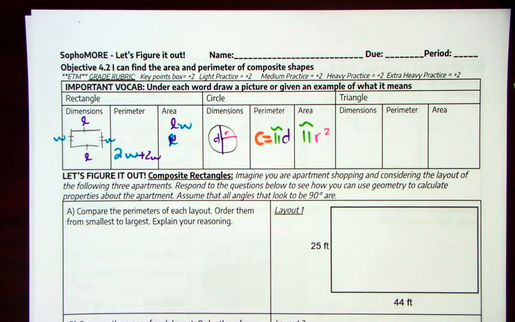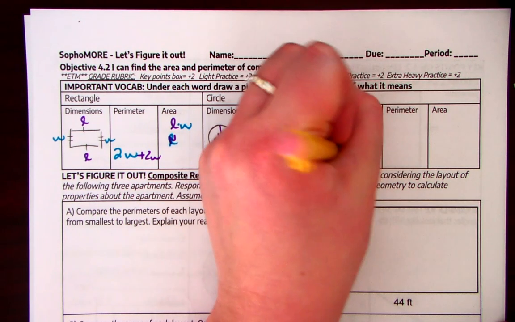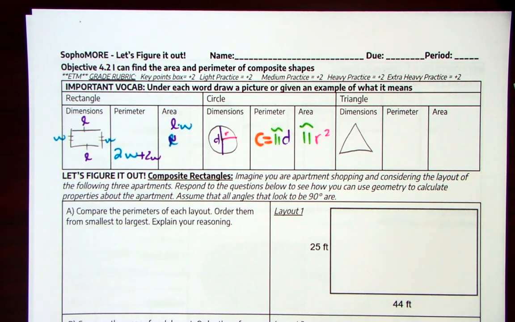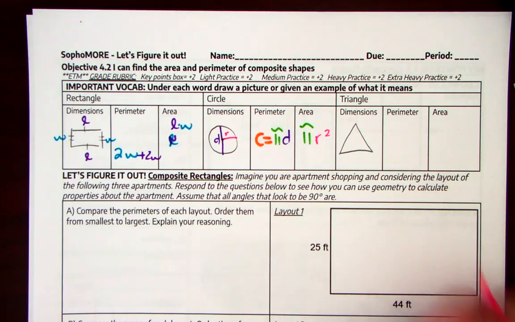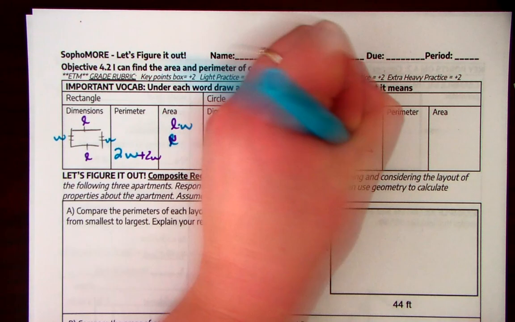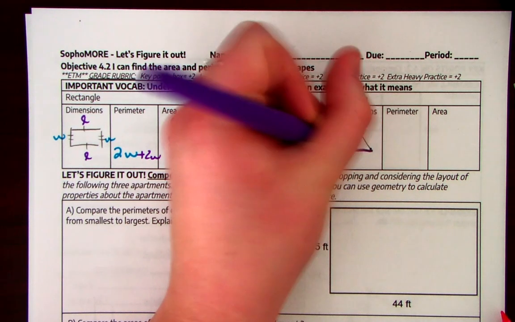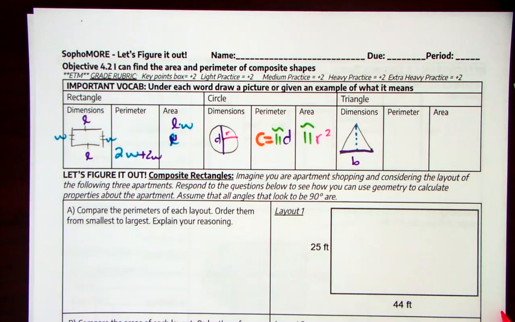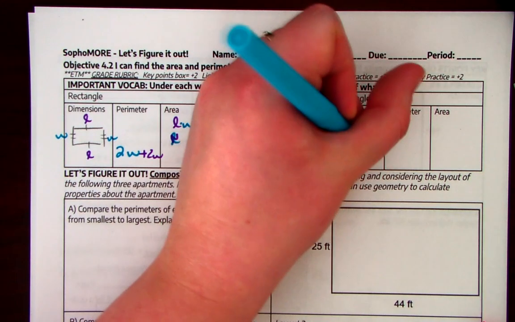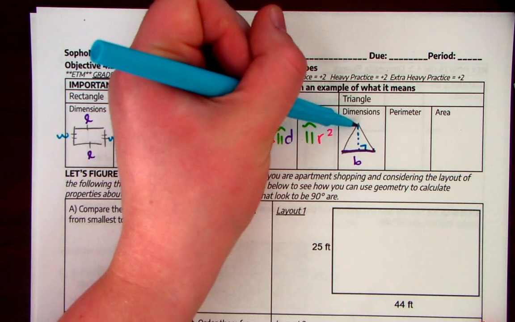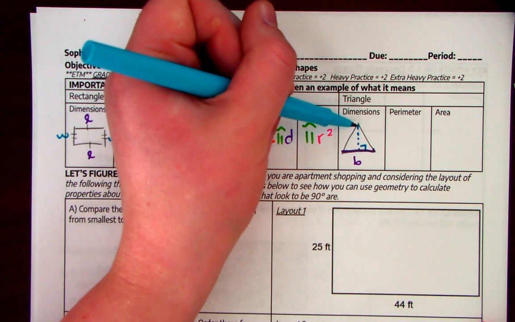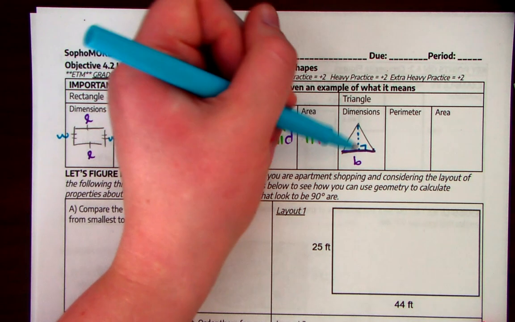A triangle is a three-sided figure. The dimensions that we care about are the base and the height. Basically we take one side and make it the base. I'll make this side the base. And then the height is the dimension that makes the 90-degree angle with it, and then goes to the opposite vertex.